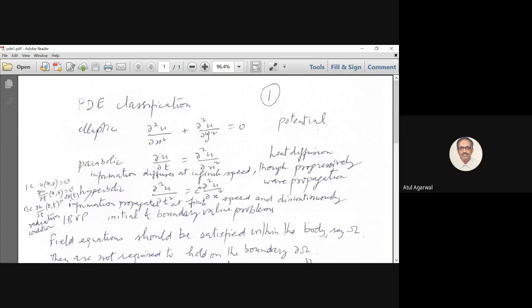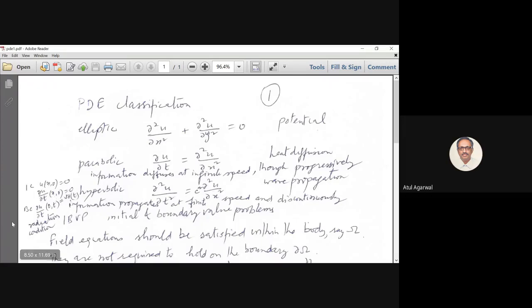For the initial condition, there is only a single derivative, so you have only displacement. In the hyperbolic case, you have a second derivative, so you have initial displacement as well as initial velocity throughout the domain.